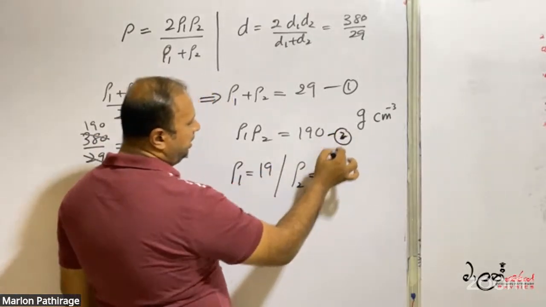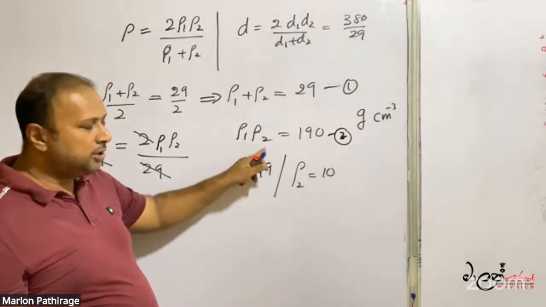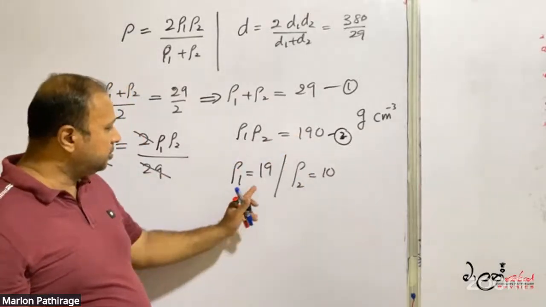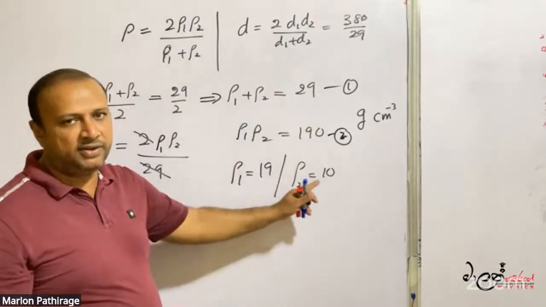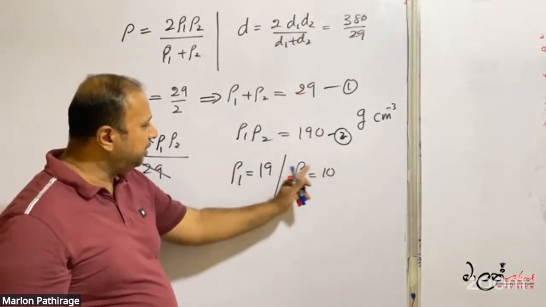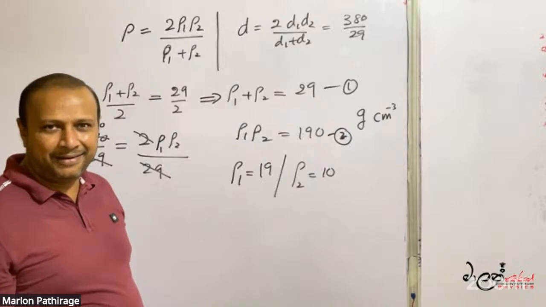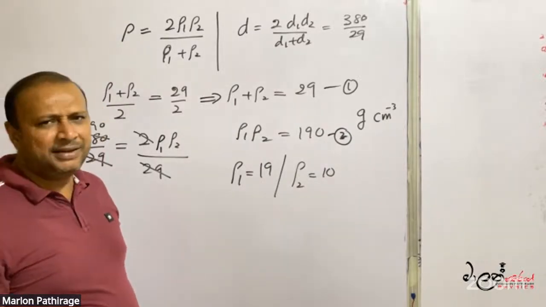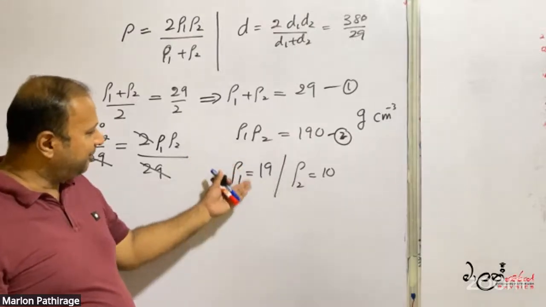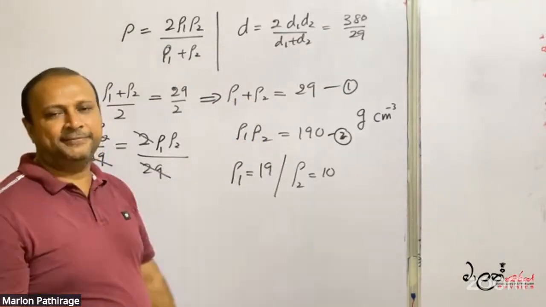Therefore, addition of two numbers is 29. Multiplication of those two numbers is 190. Therefore, definitely those two numbers should be 19 and 10. Addition is 29, multiplication is 190. No need to solve as a simultaneous equation, because you can easily understand how they are combined.